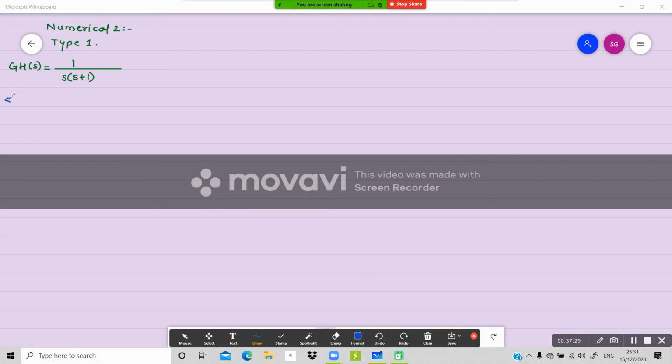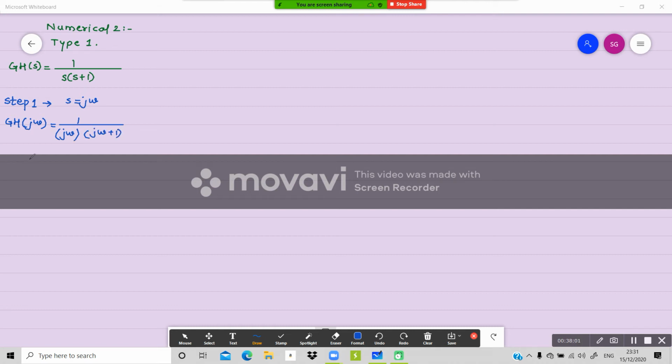So step number 1 for the solution: S is equal to j omega. GH of j omega is equal to 1 upon j omega into (j omega plus 1).